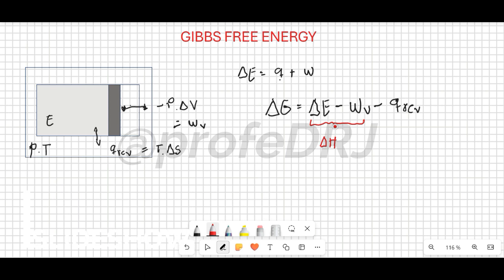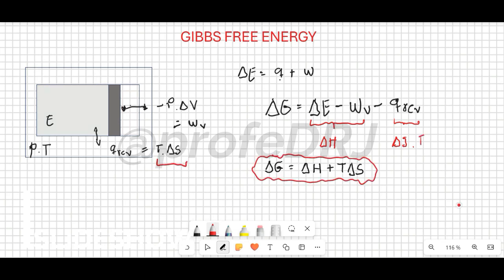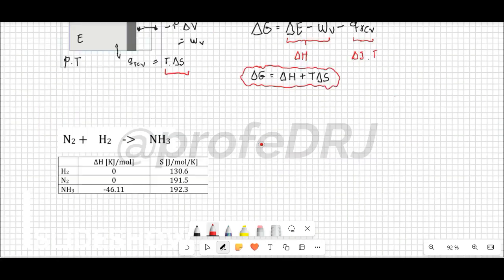This is the change of enthalpy. And here we have the change of entropy, and at temperature it's the same that we have here. Now we have our equation that we can apply. Let's go with this reaction.